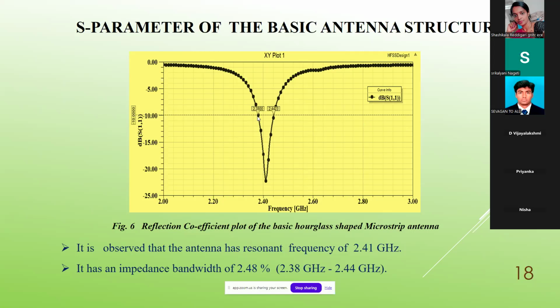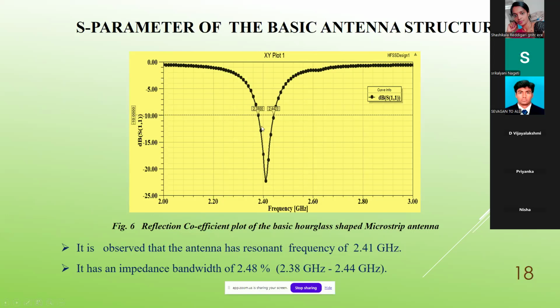The formula is known to everyone. How minus 10 dB is achieved, everybody knows. So below minus 10 dB we'll consider. In academic research we consider minus 10 dB. In industrial research, they normally consider minus 15 dB also. So you can see 2.38 gigahertz to 2.44 gigahertz within that range.